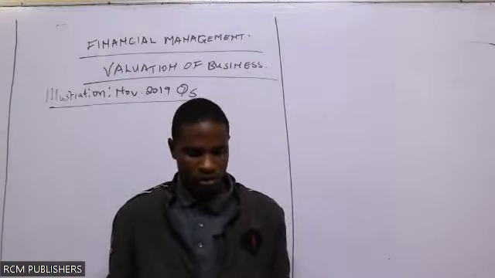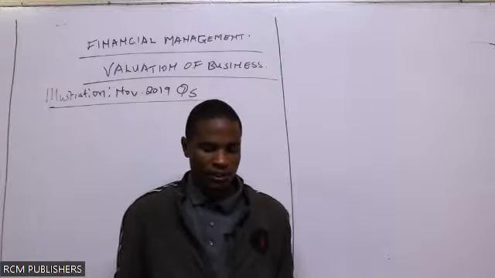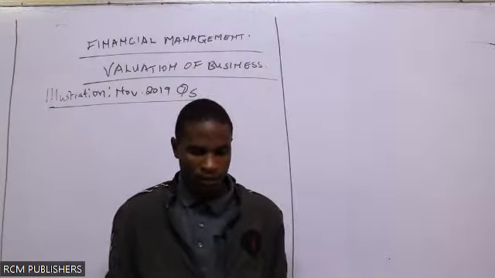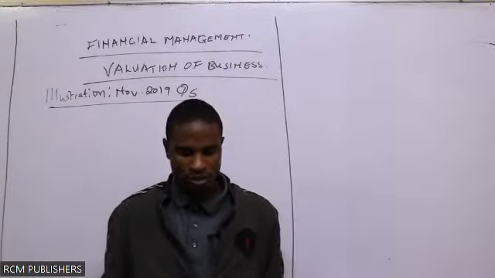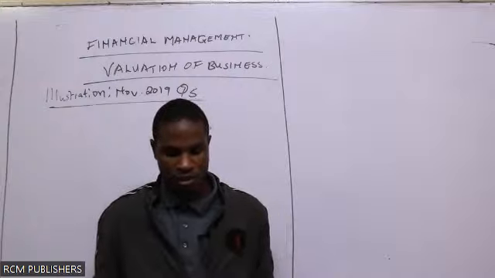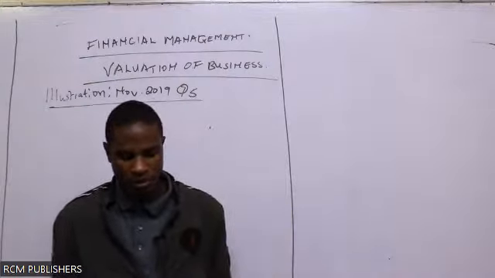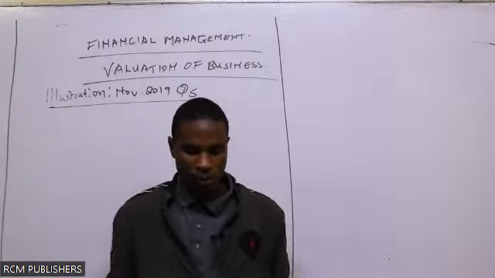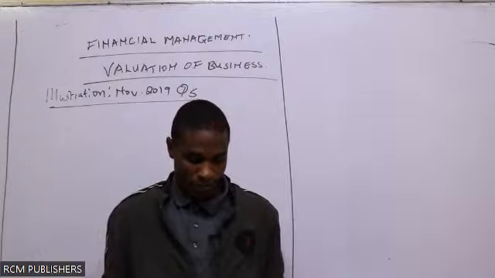So this is a question from November 2019, question 5 part C, where we left off. It reads that Virgin Industries had issued 72 million ordinary shares as at 31st March 2019. The company had maintained an annual dividend payment of 180 million, including for the year ended 31st March 2019.